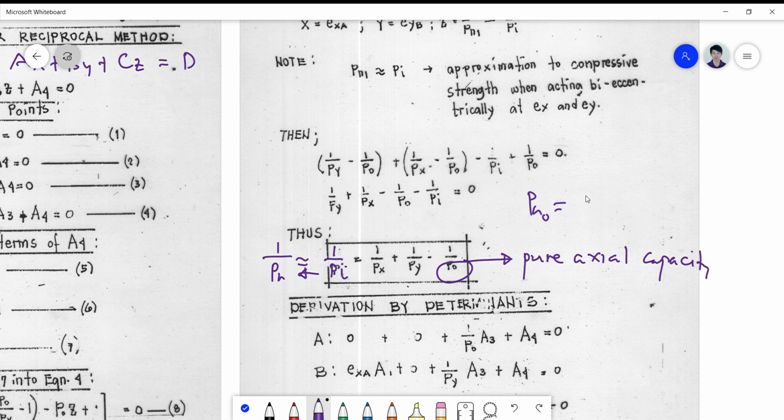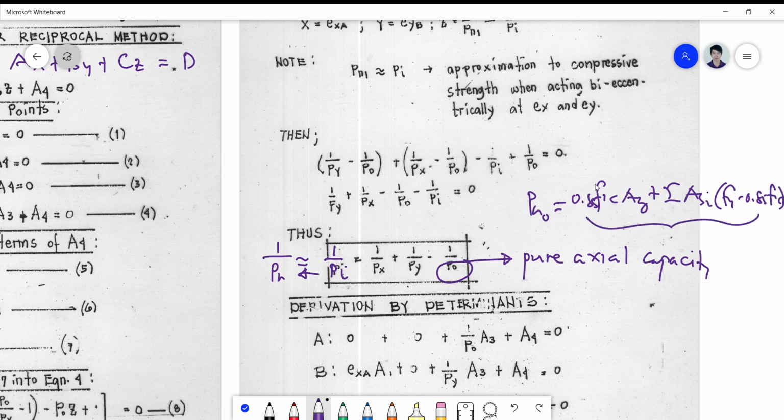Okay, so this formula is simply F prime C Ag times 0.85 plus summation of your Asi times Fy minus 0.85 F prime C. Okay, so this is just your PNO.